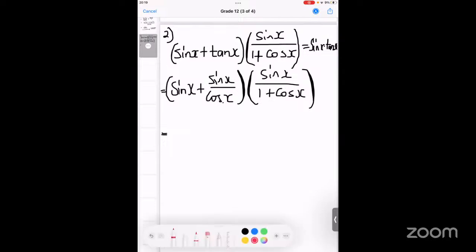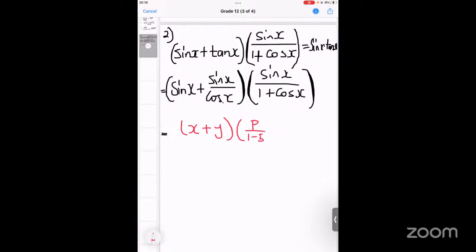Otherwise, if there was not that possibility, it looks like you have (x plus y) times p over 1 minus s. Can you see this, Didintle? Yes, sir.